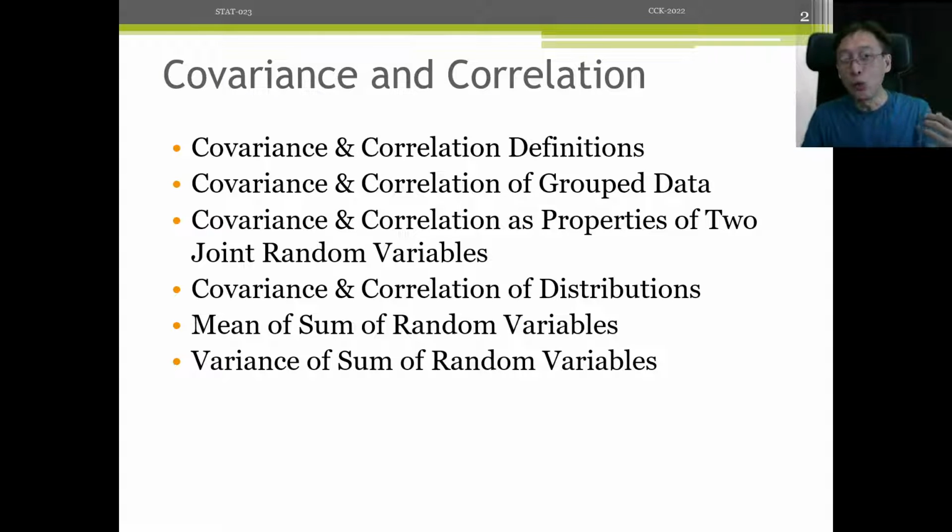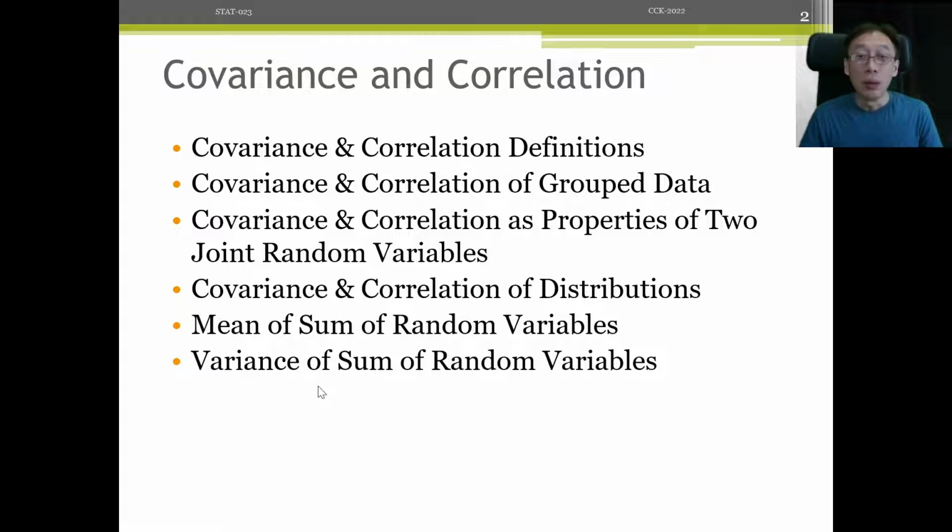And then the last two points will be a different branch of development based on the covariance and correlation that we learned earlier on. So let's understand the motivation of covariance, because once you understand why we need it so much, it's way easier to appreciate the formulas and the definition.